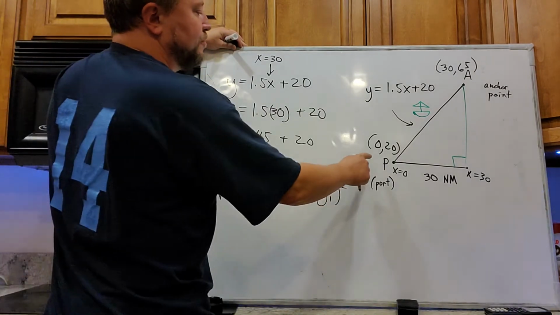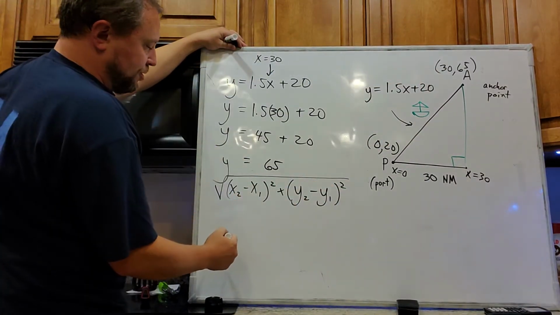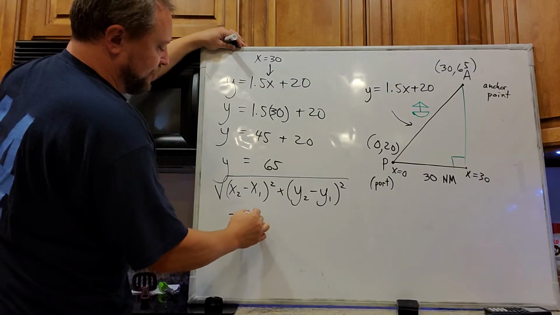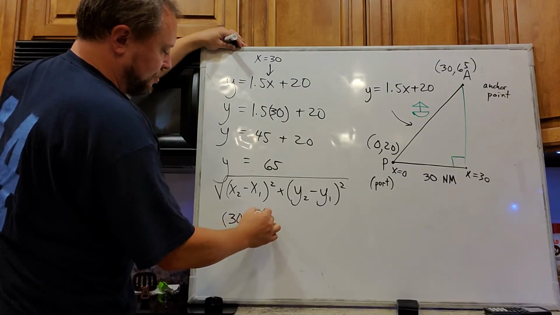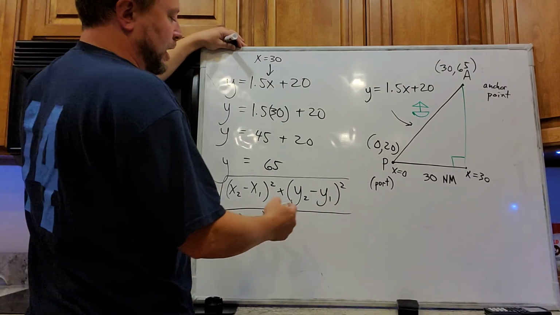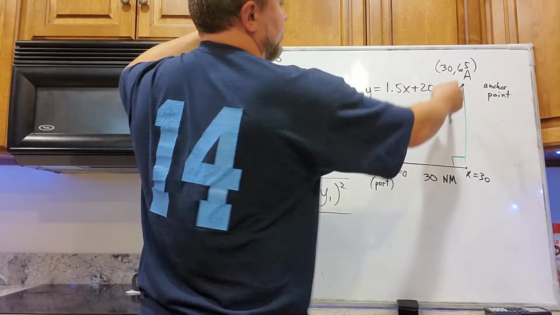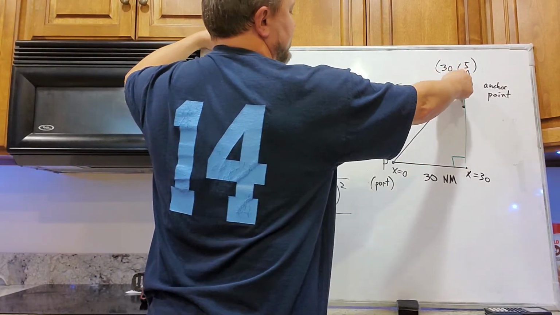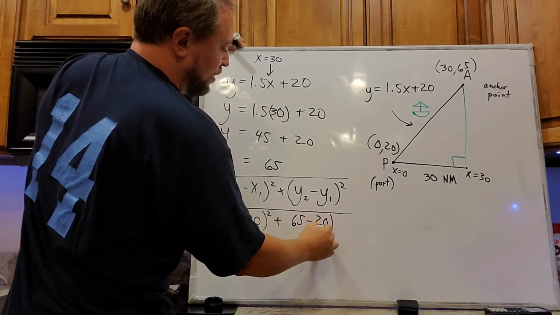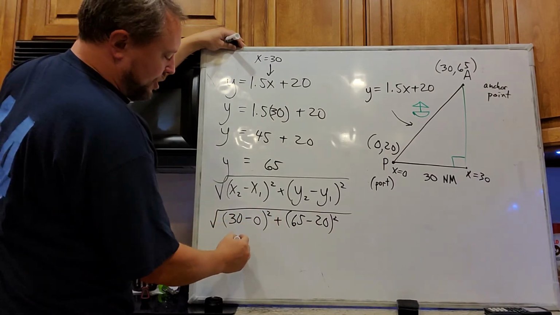So if we plug in 0 and 30 for our x values, I'm going to go 30 minus the 0 just to avoid some negatives. And do the same with the y values. So instead of 30 minus 0 for the y values, I'm going to take 65 minus 20 and square that. Well, 30 minus 0 is 30.